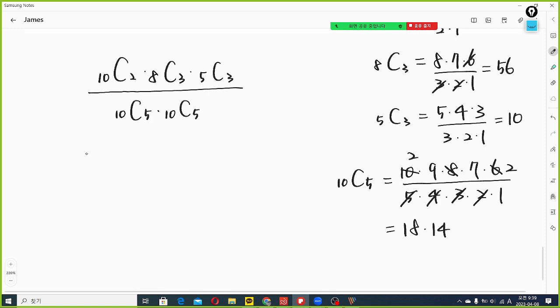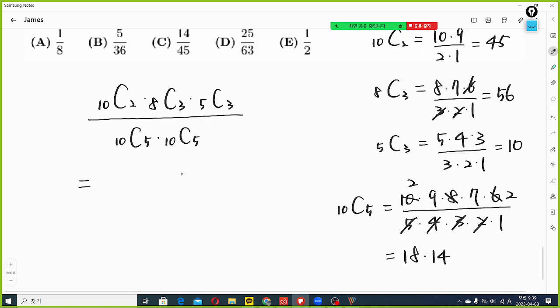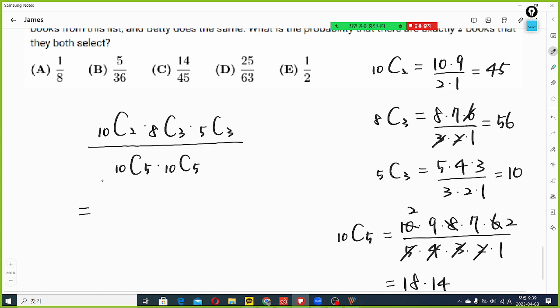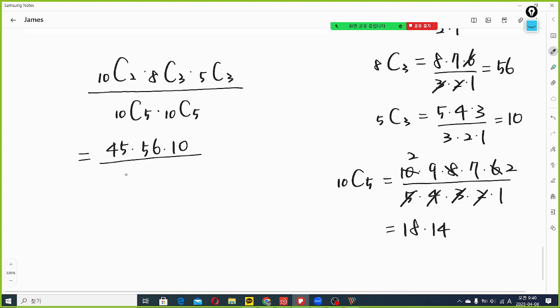So if we use these values in the fraction, this number is divided by 18 times 14 twice.